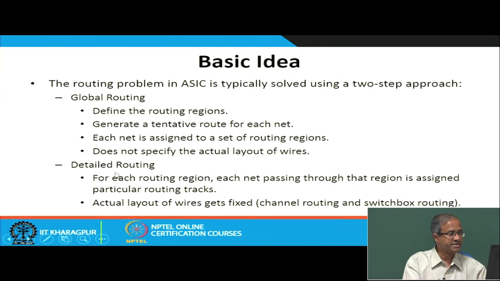We consider this problem on a region by region basis typically, and we solve each of the regions by completing all wire layouts, vertical and horizontal. Later we shall see there are two kinds of detailed routing sub problems, channel routing and switch box routing.